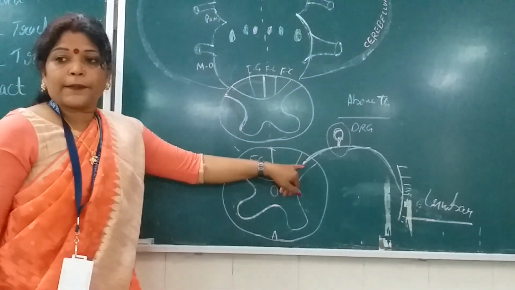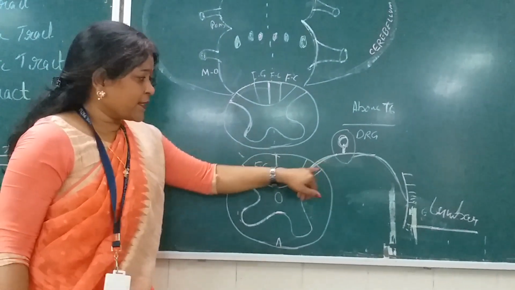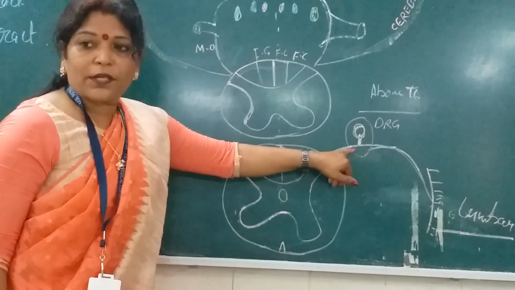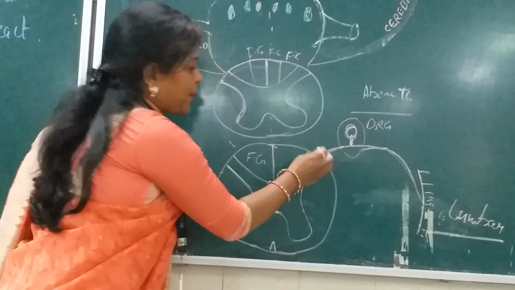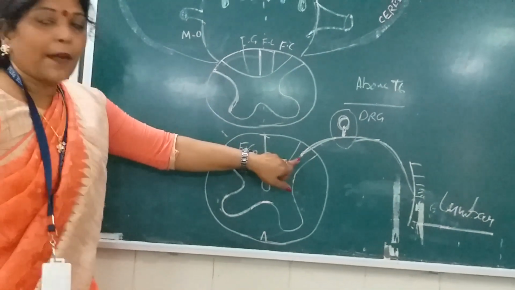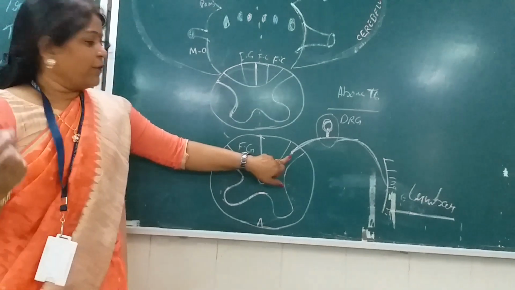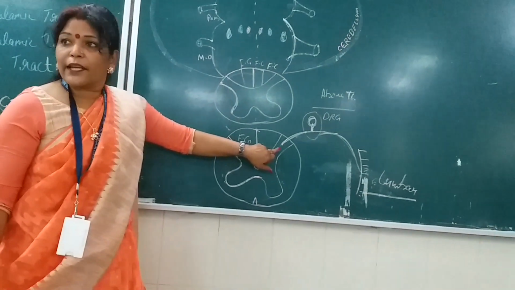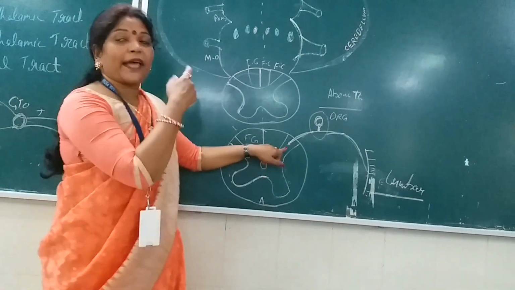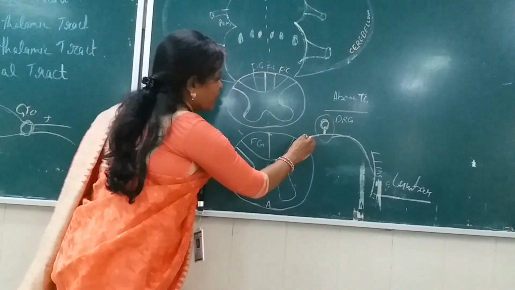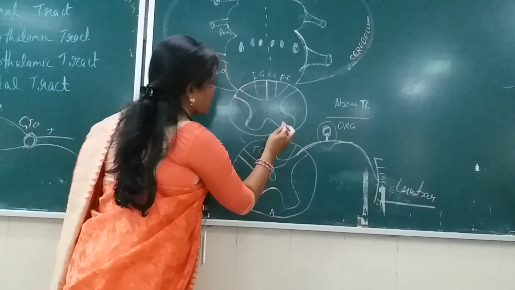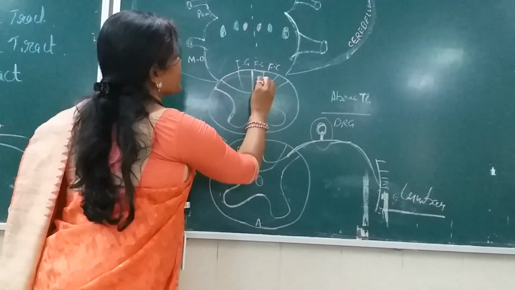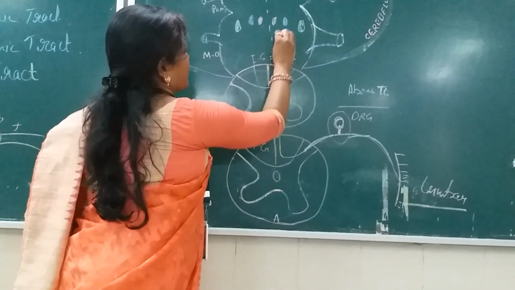But look here. This central process of the dorsal root ganglia is not relaying, it is not synapsing here. It doesn't synapse in the neurons which are present in the dorsal gray horn. It will ascend upwards like that.